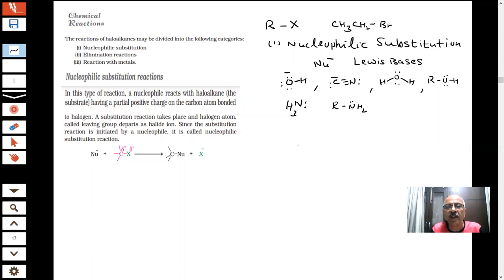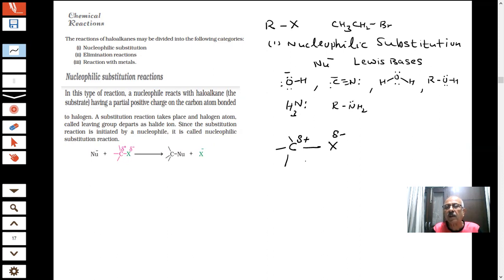Now in haloalkanes, what is the story? Supposing this is my haloalkane, you are having something like this. This halogen is more electronegative than carbon. Therefore, it has negative charge. Carbon is having positive charge.